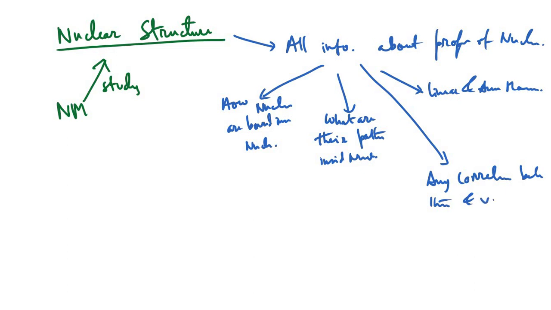Also various other properties like spin, parity, electric and magnetic moments, charge radius, and all that. This is what nuclear structure is all about.